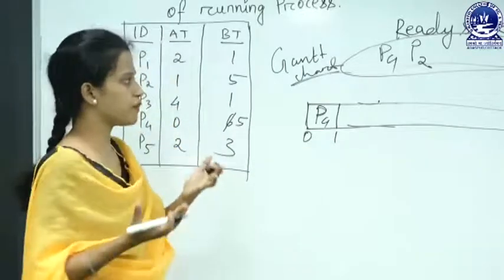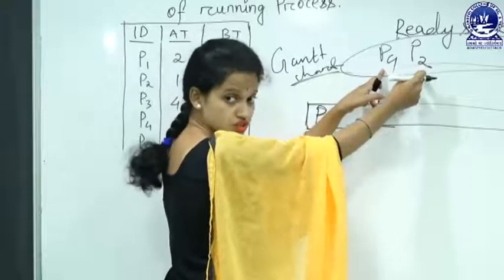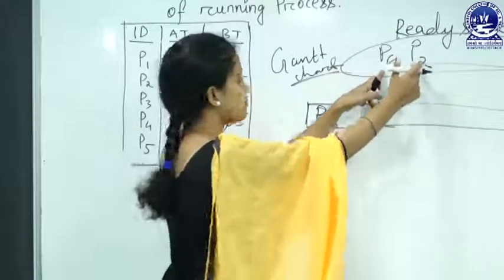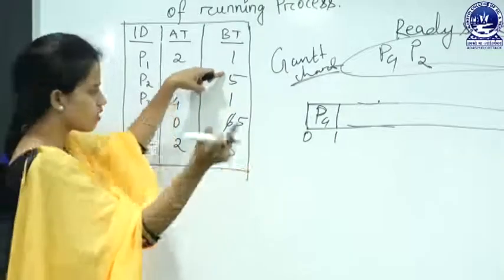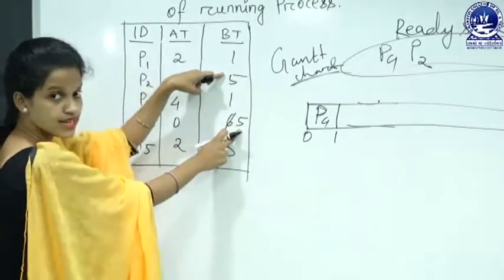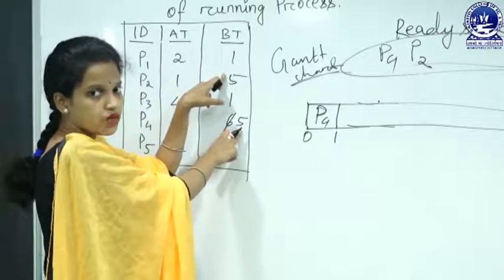So we have to compare what? P2 and P4, because P2 is the newly arrived process. So what is the burst time of P2? 5. What is the remaining time of P4? 5. So there is a tie. And when there is a tie, we have to apply what?